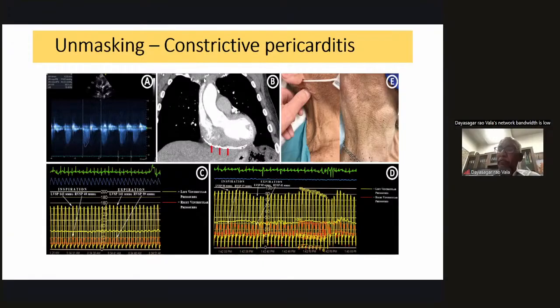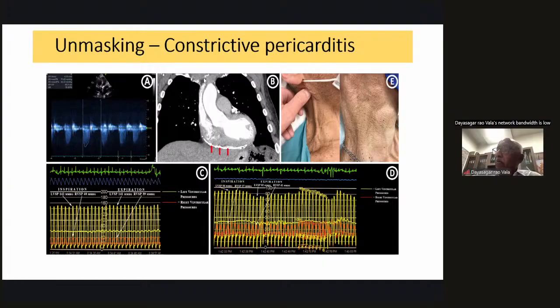About a few months later, the same patient showed what we call phasic variations of the left ventricular and right ventricular pressures, which were discordant, indicating that the patient has constrictive pericarditis. So now, what is the mechanism by which the constrictive pericarditis was masked?